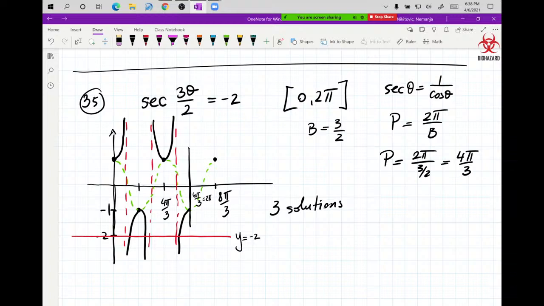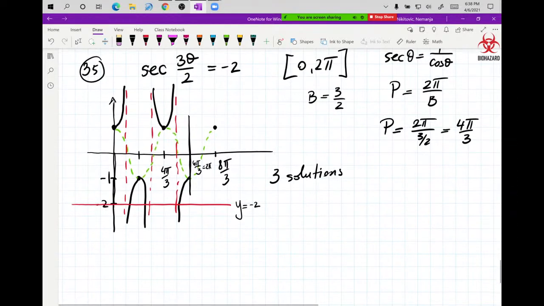So can I just deal with secant? Well, I actually don't have to. I can convert this secant into a cosine. We could have converted this equation immediately and just never dealt with secant. I just wanted to show that you can do it. Secant and the graph is also a good review for chapter 4 stuff.